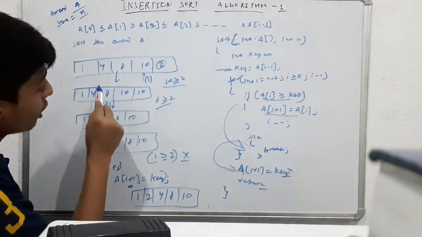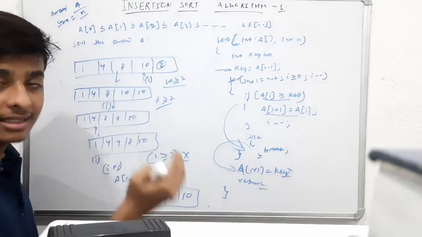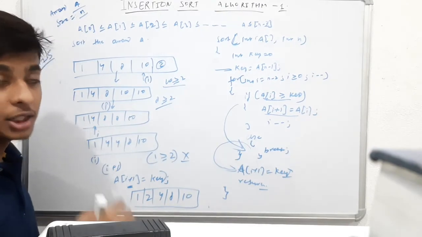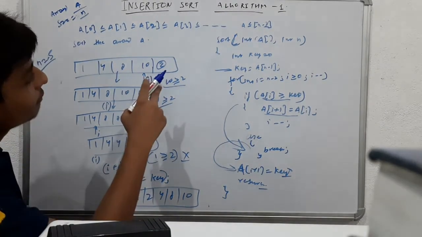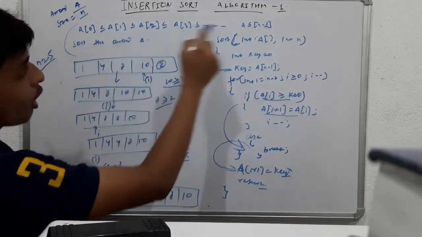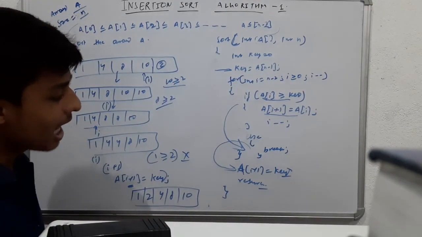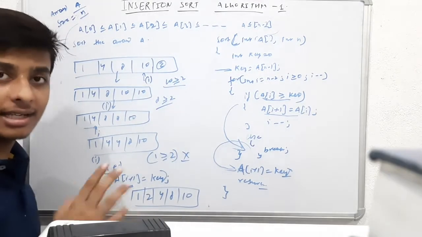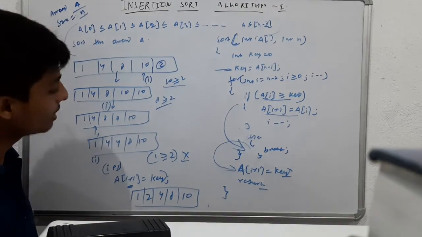So in the insertion sort, we'll be focusing on the small arrays, and we'll be sorting the small arrays using the approach of recursion. Okay, so that's why I have given this problem to you, so that you understand the basic logic behind this. And once you understood this, then it will be very easy to understand the insertion sort algorithm. Okay, so I hope you have understood all this concept.